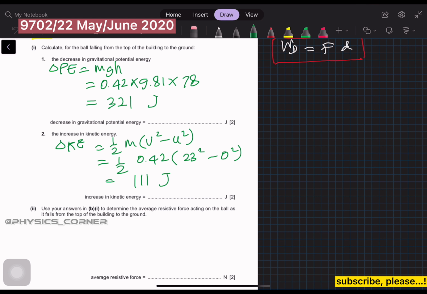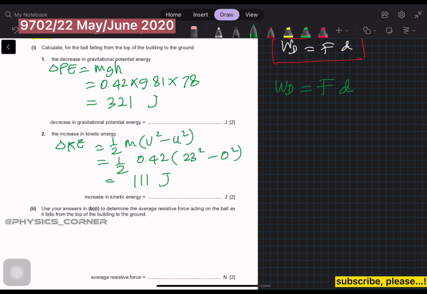Actually we have the work done by the resisting force. They want the force, the same thing as force times distance.